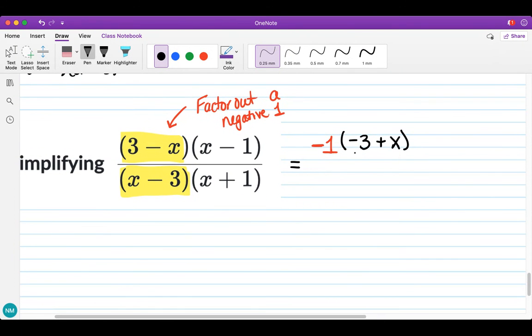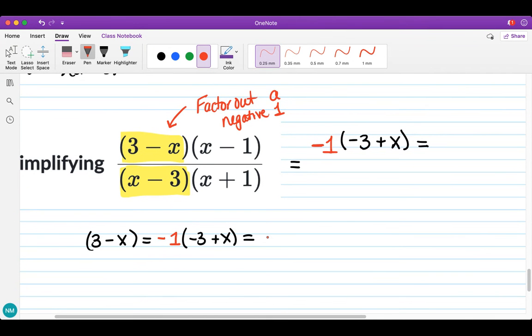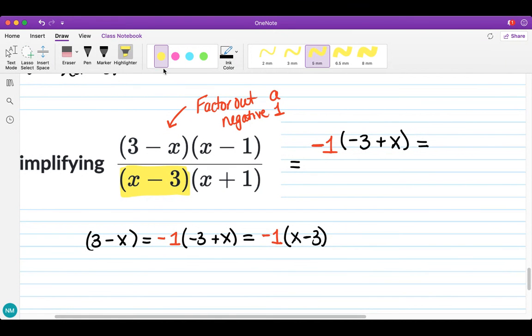What is -3 plus x the same thing as saying? Let me write this here: 3 minus x. If I factor out that -1, I get -3 plus x, which is the same thing as saying -1 with x minus 3. Now we have an x minus 3, which is what we wanted.